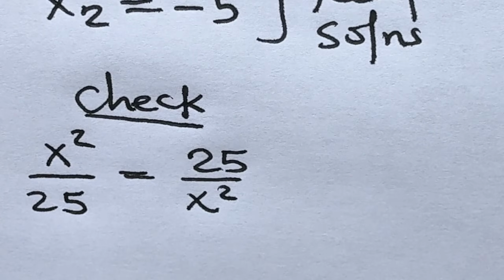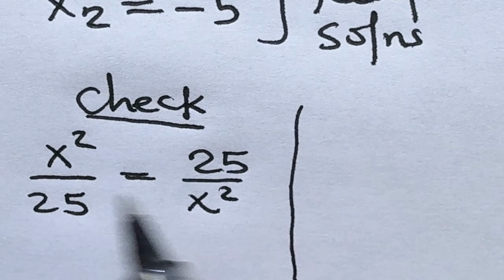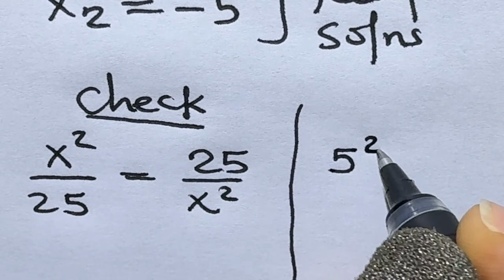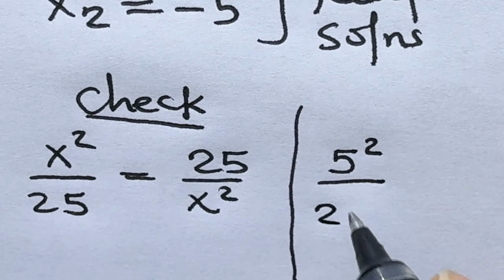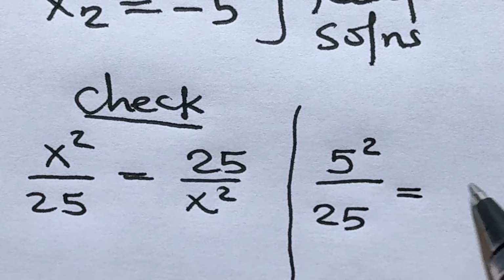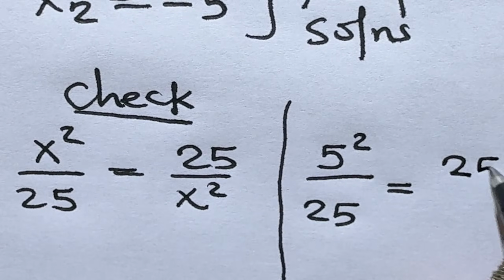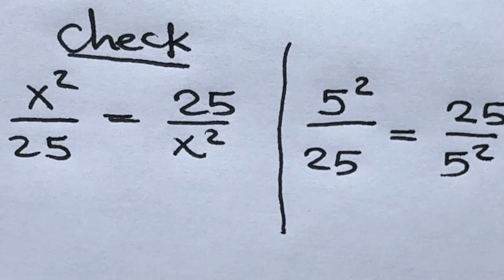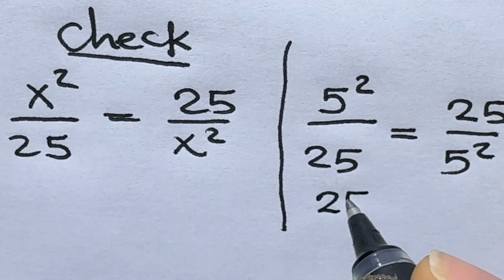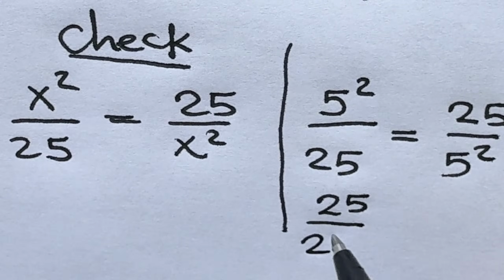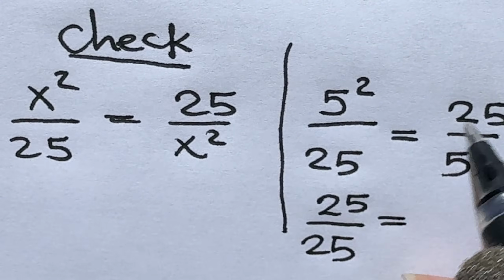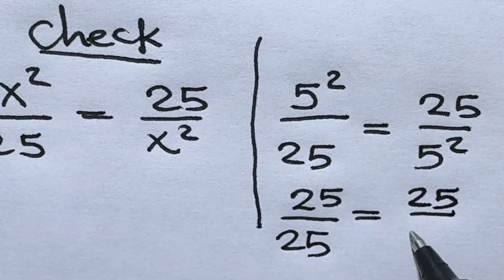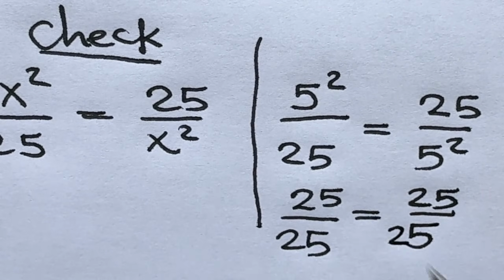When x is 5, putting 5 in place of x, we have 5 raised to power 2 divided by 25 is equal to 25 divided by 5 raised to power 2. 5 squared is 25, giving us 25 divided by 25 is equal to 25 divided by 5 squared, which is 25.